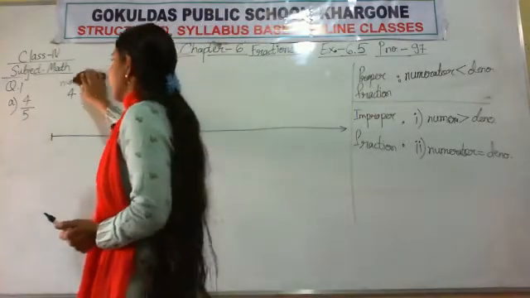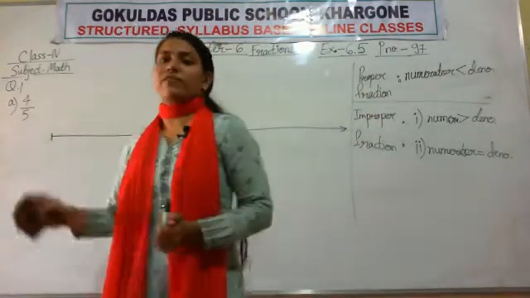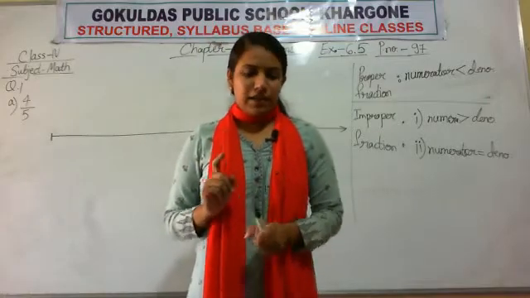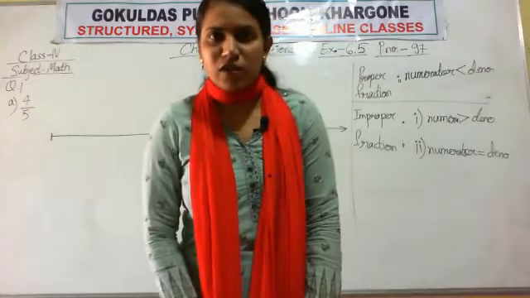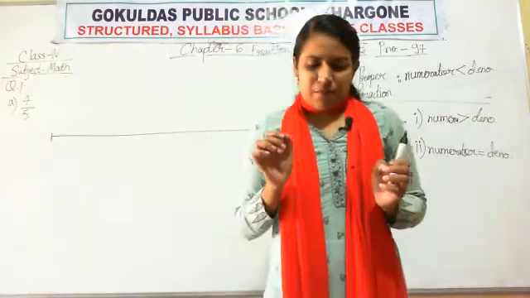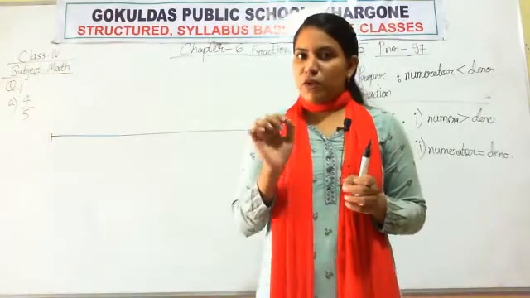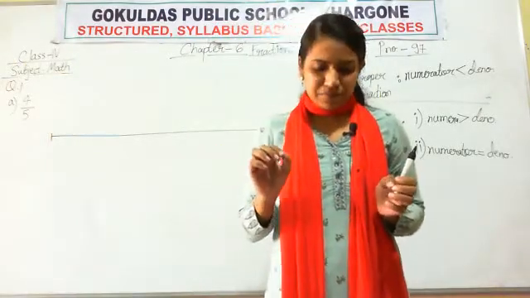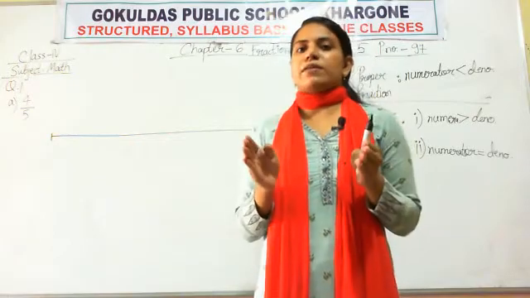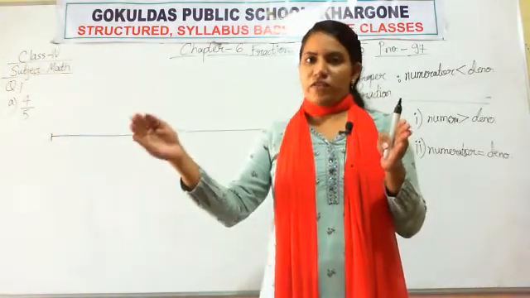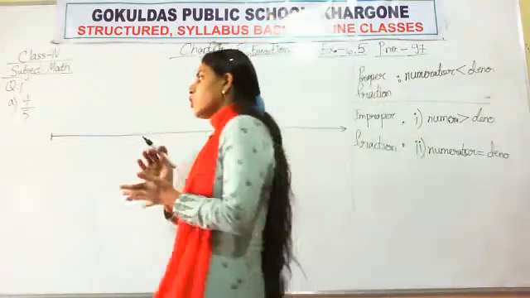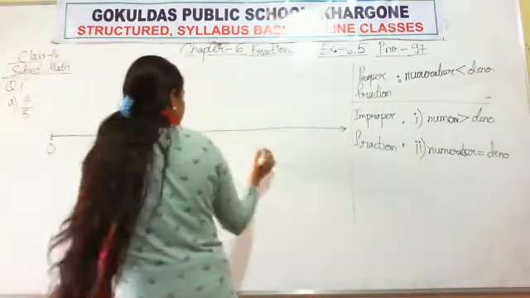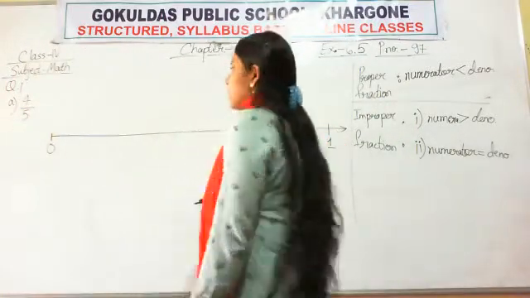To represent a proper fraction, you need to remember one thing: whenever we represent a proper fraction on a number line, we always represent it between two numbers, that is 0 and 1.